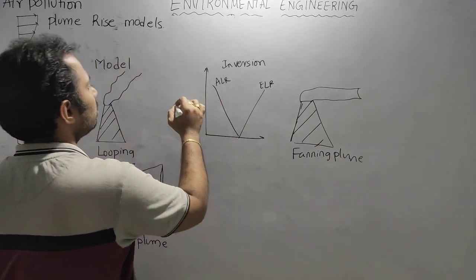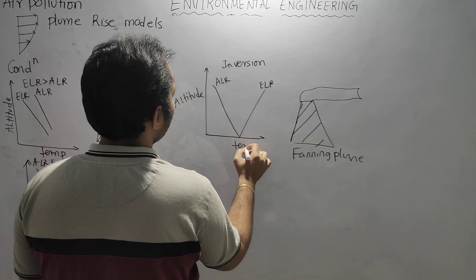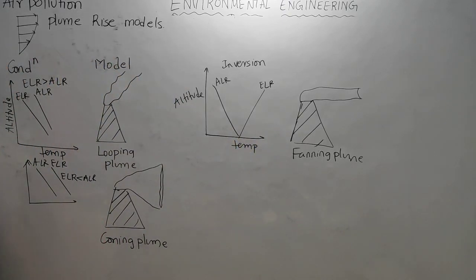So during inversion, everywhere it is altitude and this is temperature. This is the third case, where we get a fanning plume, where ALR and ELR are changing like that.